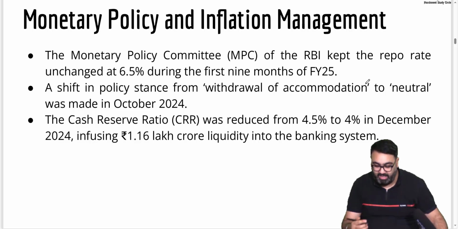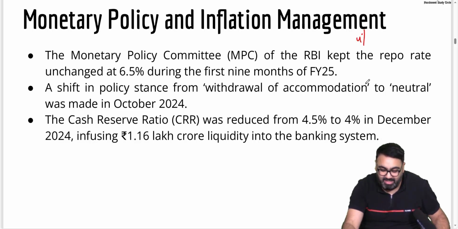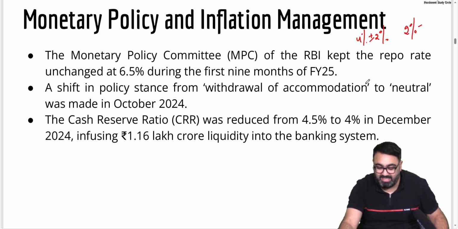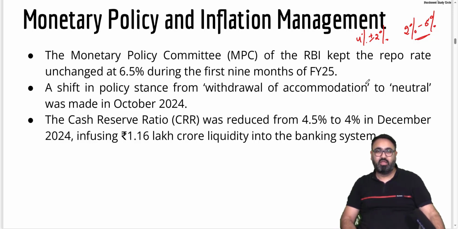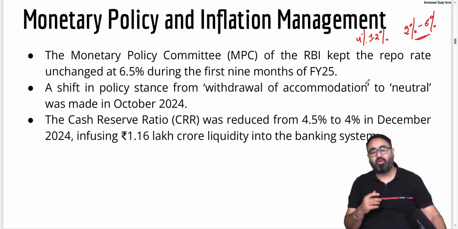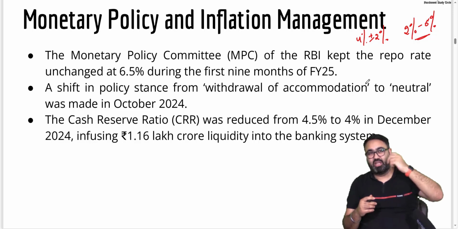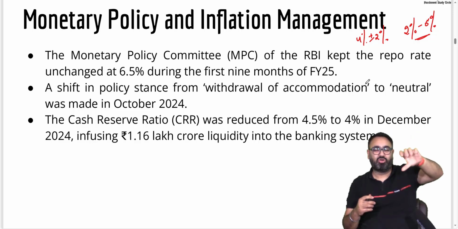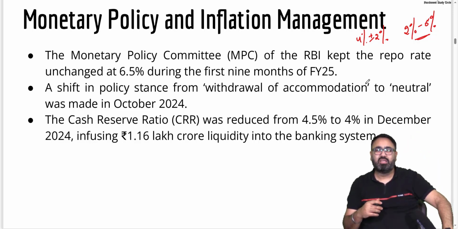Now, the inflation target is 4% plus minus 2%, meaning 2 to 6% is the range that we hope inflation would be in. The RBI's Monetary Policy Committee makes sure that the inflation does not go above 6%, does not go below 2%, because zero inflation also is bad for the economy.